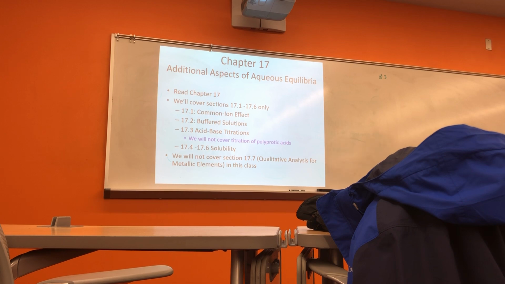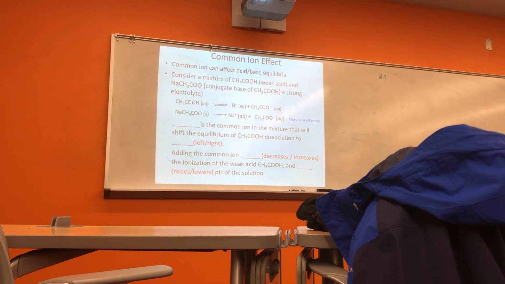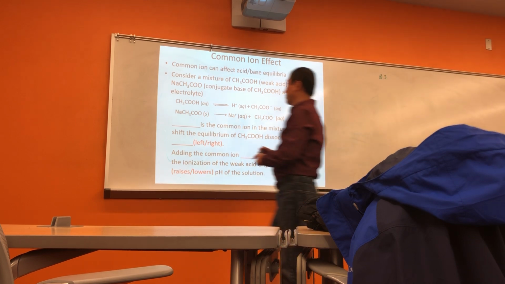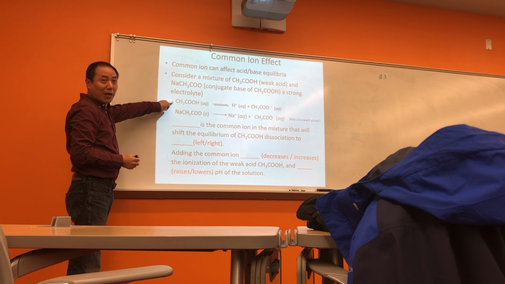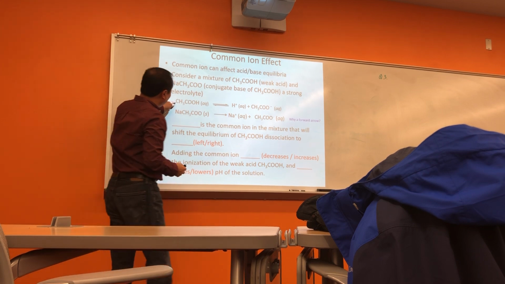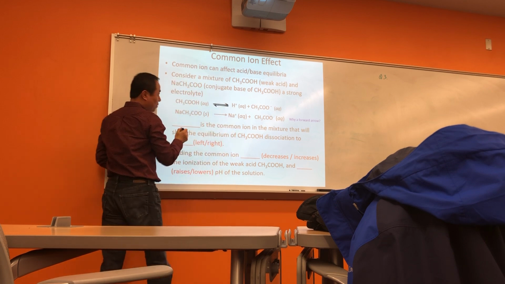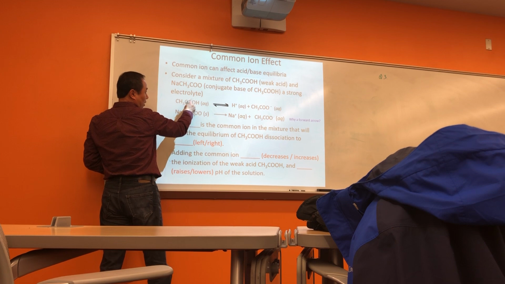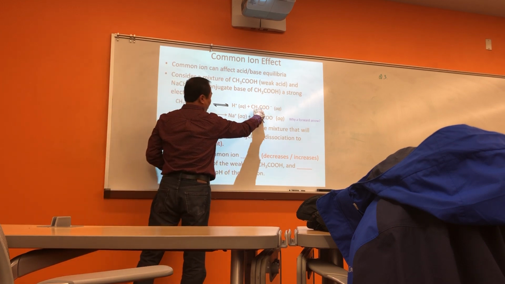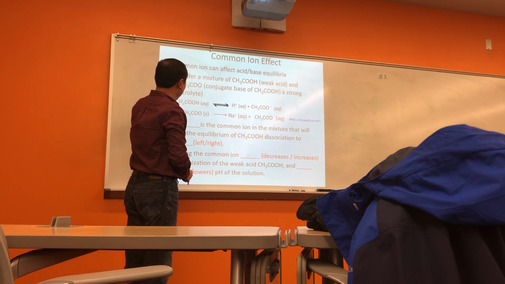So let's say this is an example of a weak acid. It could be any other reactant. When you have a double arrow, it means there will be equilibrium between the weak acid and the broken part. Okay, that's equilibrium.